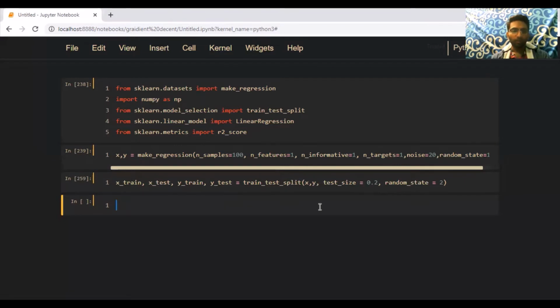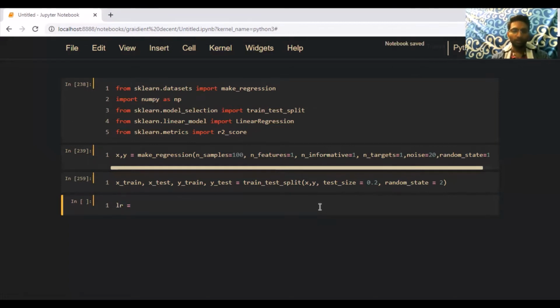Now we are moving forward to initialize our model. First I'm making the linear regression model so that we can compare. We will make our own code from scratch for gradient descent, and we will compare our model with this linear regression built-in library.